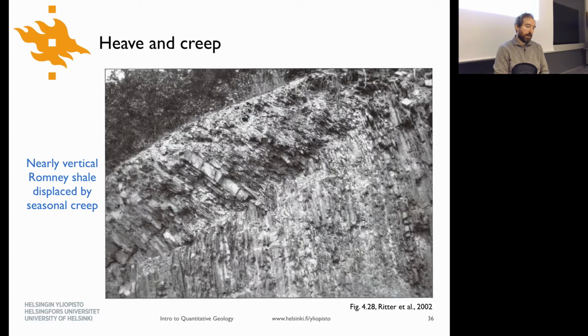And if you notice the tilting, it's actually getting a little bit more tilted as you go further toward the Earth's surface. This is basically material that has been affected by this creep process. So you can see a slope to the surface of the Earth there, and basically this is material that has been tilted and is moving gently downhill as a result of this heave and creep combination of processes.